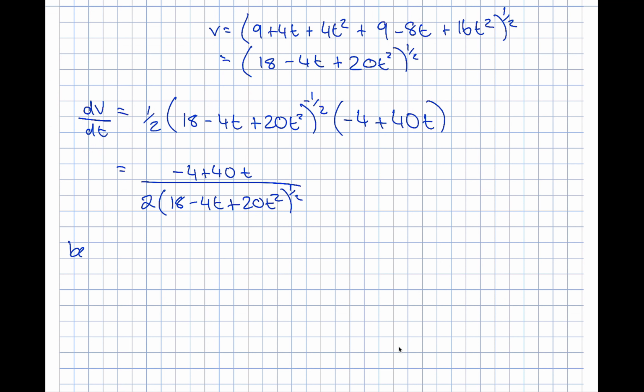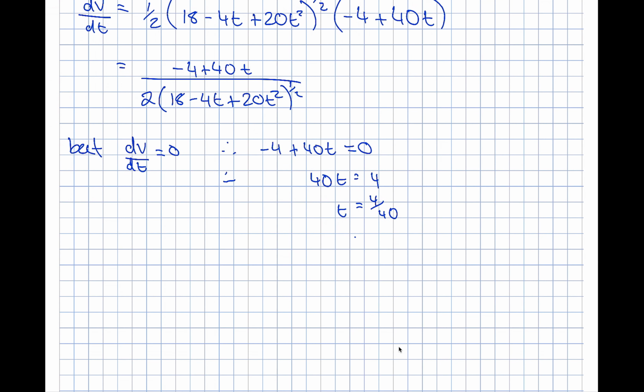But we want dv dt to equal 0. So therefore, because we want it to equal 0, we've got all that mess at the bottom, but who cares? Okay, because we're saying it's negative 4 plus 40t equals 0. So therefore, 40t equals 4. T equals 4 on 40.